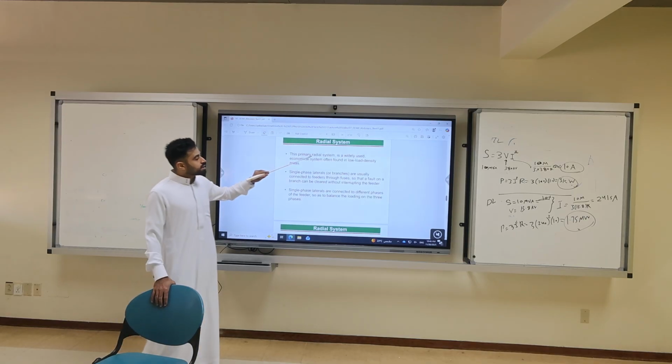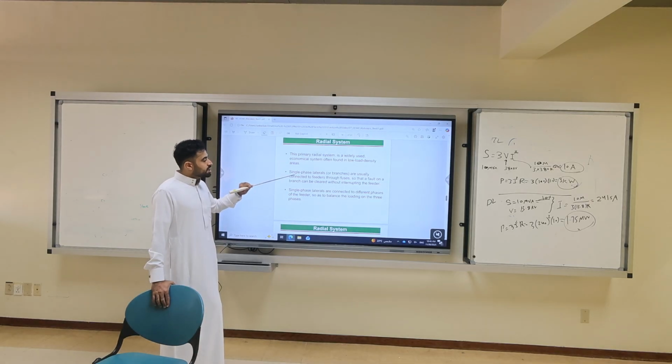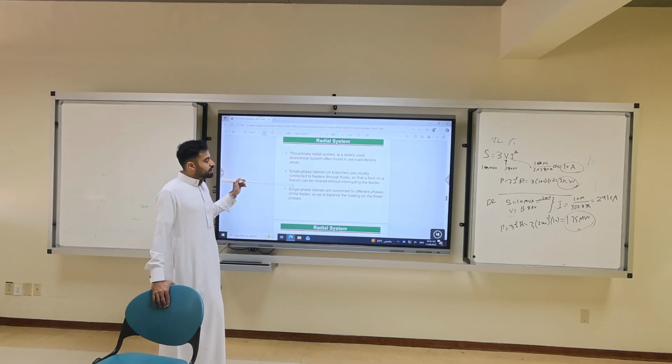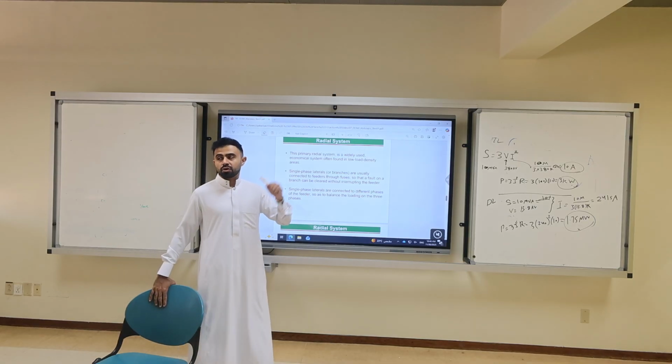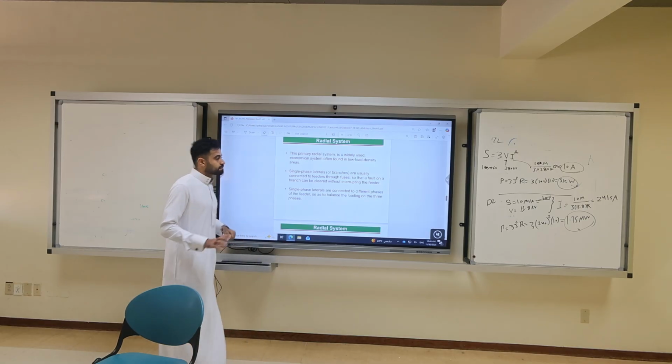So the primary radial system is widely used, economical, and found in low density areas. Single phase laterals or branches are usually connected to feeders through fuses. These are laterals, single phase. These single phases are connected to different phases, A, B, and C, to balance the loading. Some of the loads will get phase A, some phase B, some phase C.